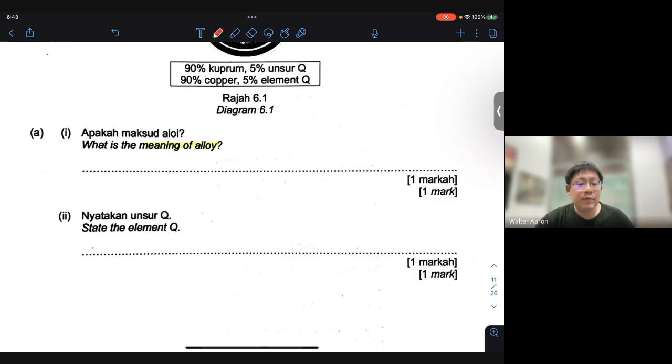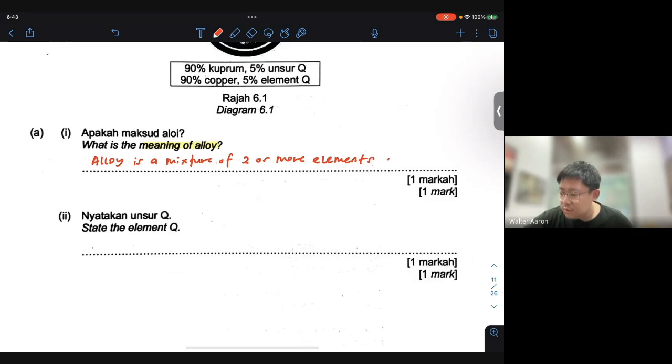The meaning of an alloy is a mixture of 2 or more elements where the main element is a metal. So you put here: alloy is a mixture of 2 or more elements in which the main element is a metal.